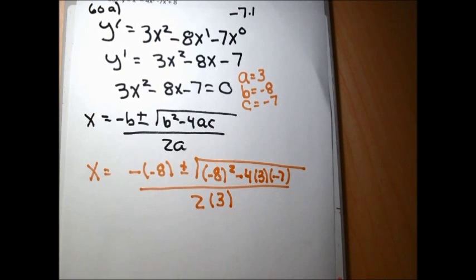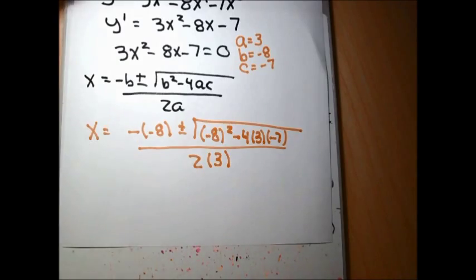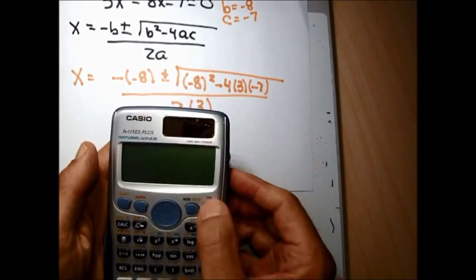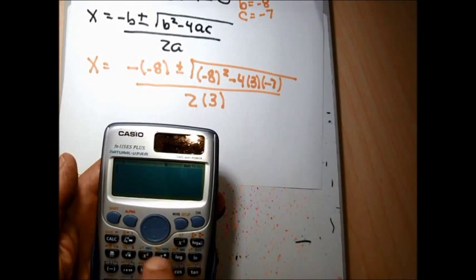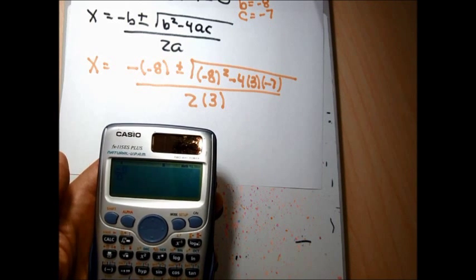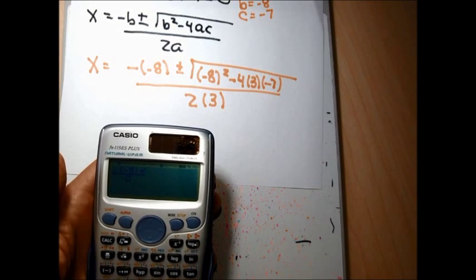Because this isn't a problem that I want to spend a lot of time on, I'm going to do this on my calculator that does square roots better than my big calculator. So I'm pulling out my cheap old calculator, and if you had me for intermediate, you saw me use this a lot. I'm going to go fraction, negative parentheses, negative 8. Can't do plus or minus, but I'll do plus.